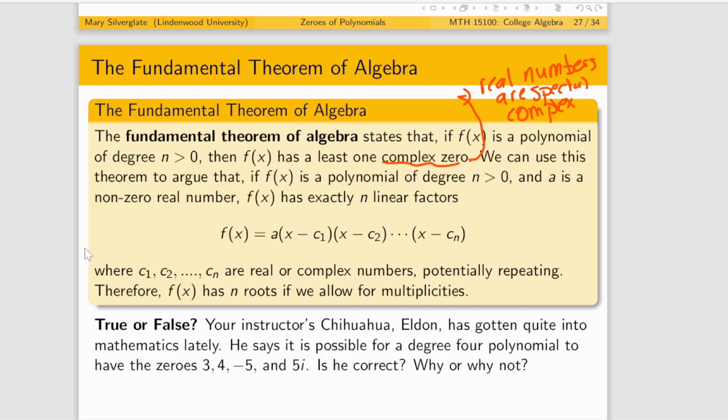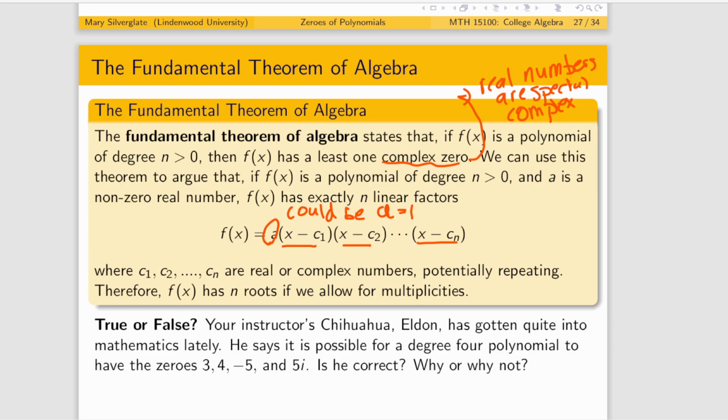We can use this theorem to argue that if the polynomial has a degree where there's at least one x, then if we have a 0, then we can break it into a whole bunch of parentheses times some sort of multiplication factor out front, and that could be a 1.